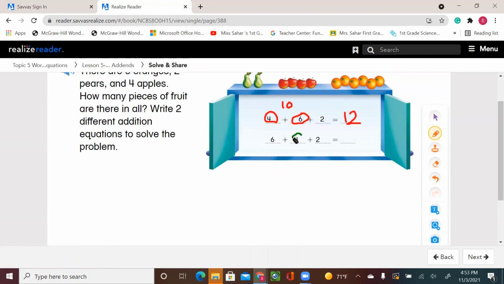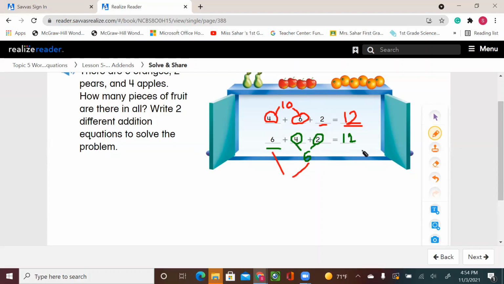If I add the 4 plus 2, that equals 6. And now 6 plus 6 equals 12. So over here, 4 plus 6 equals 10. Then I add my 2, my sum or my total was 12. Over here, when I made the doubles, 4 plus 2 equals 6. I know my double, 6 plus 6 equals 12.